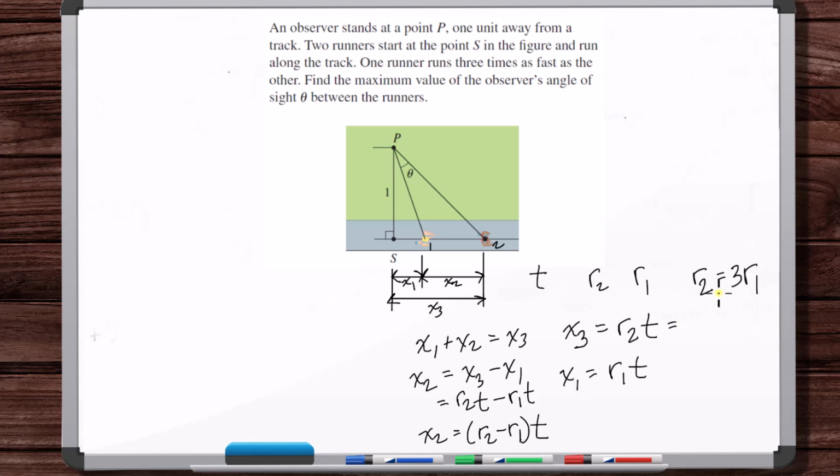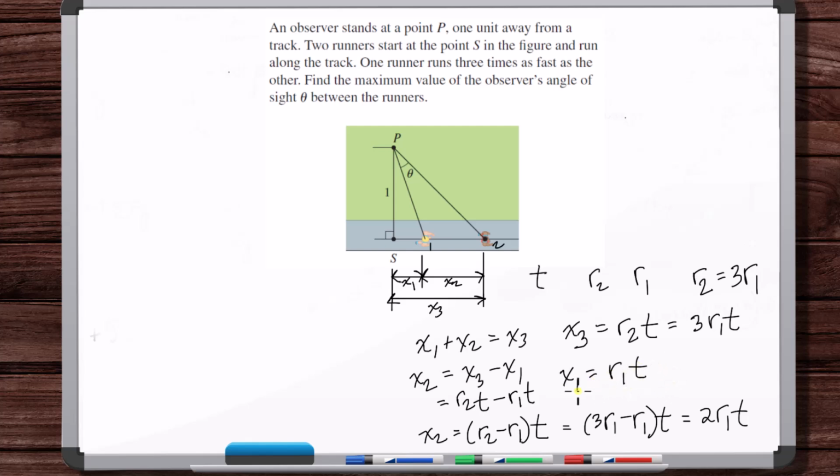So 3r1t is x3. This is just r1t, and then r2 is 3r1 minus r1t, so 2r1t.